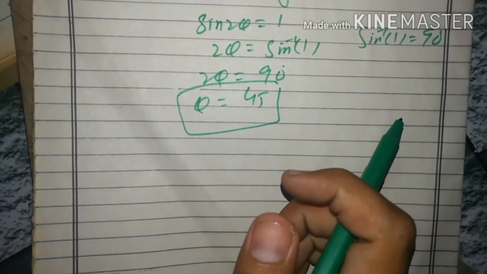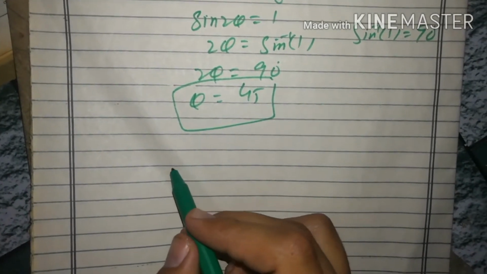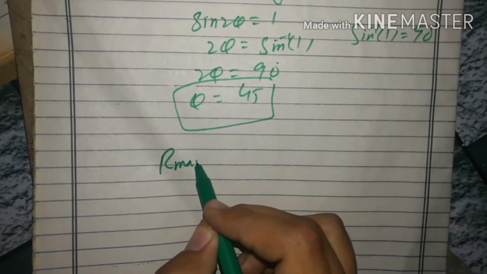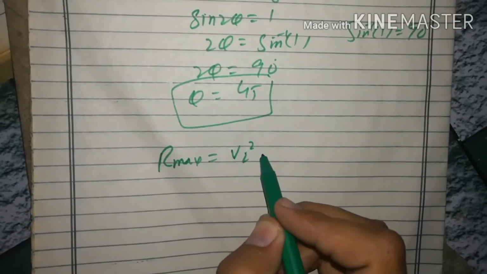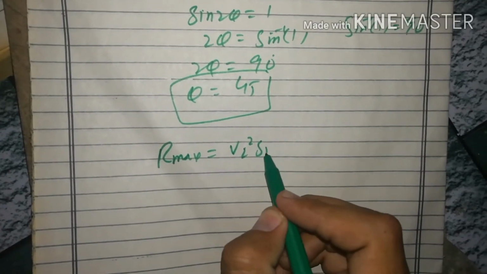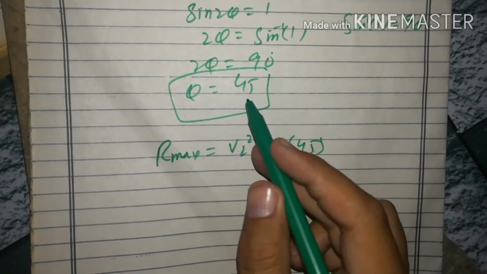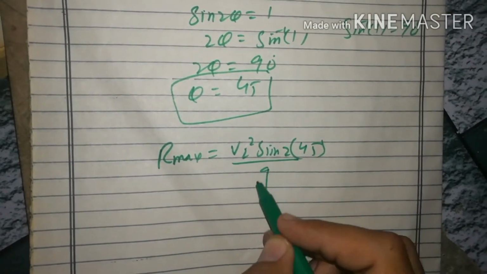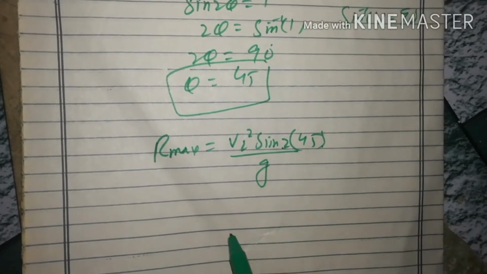Now the maximum horizontal range is given by R max is equal to Vi square sin 2 times 45, since theta is equal to 45, divided by g, that is equal to sin 90.